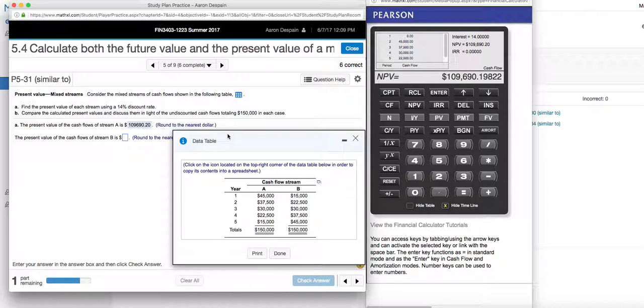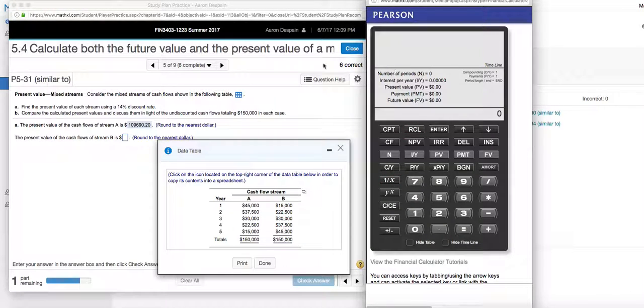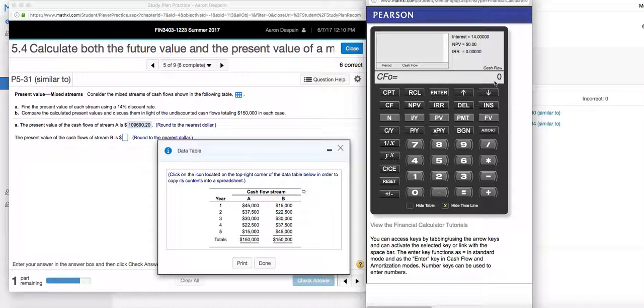Okay, and now let's look at the present value of stream B. I'm just going to reset it for simplicity, and we'll do the 14 rate again. Cash flow button to carry the rate up in the top. No upfront cash flow outgoing, so cash flow 1 is 15,000 in this case, just basically doing them in reverse.